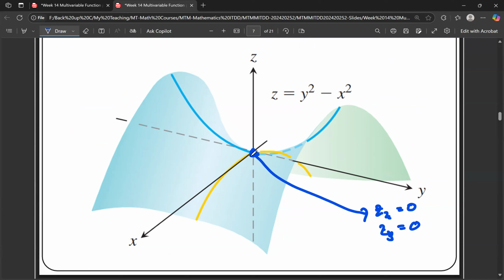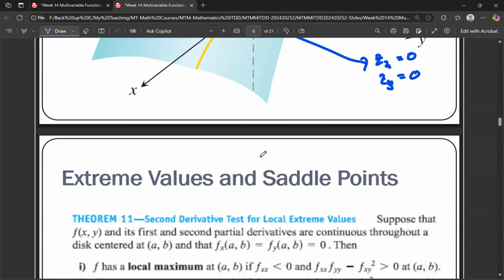So this point fulfills the requirement as a critical point, but it is not an extreme value, because this point is neither maximum nor minimum. So we have this point as a saddle point.